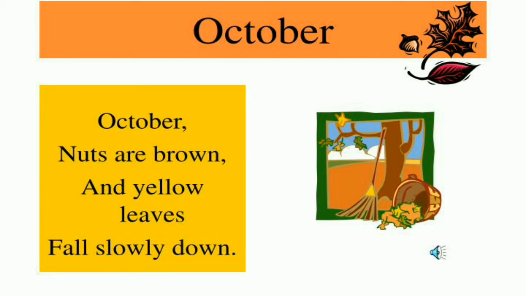We see October is autumn time, and all the leaves are falling down slowly, and nuts are brown, and also leaves are yellow and fall down. October is the autumn season.